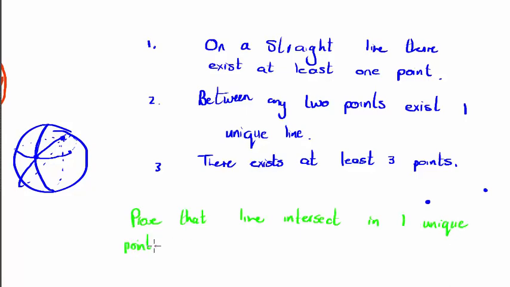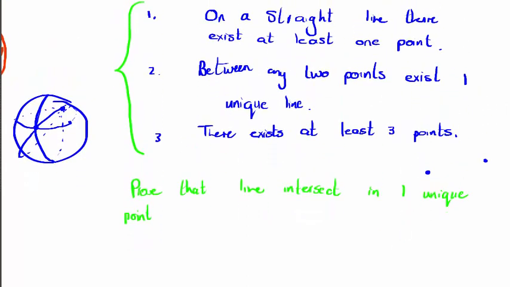In other words, if I had 2 lines that cut each other, prove that 2 lines can cut each other only once. If I had 2 lines that cut each other, I must prove that they can cut each other only once, using only these 3 assumptions and the laws of logic.